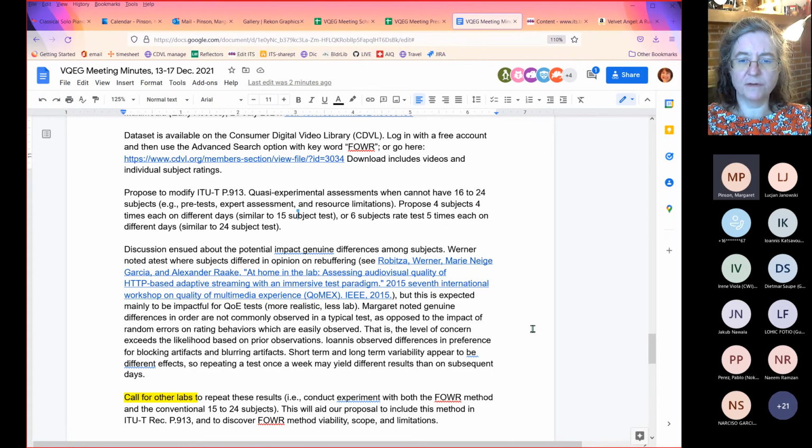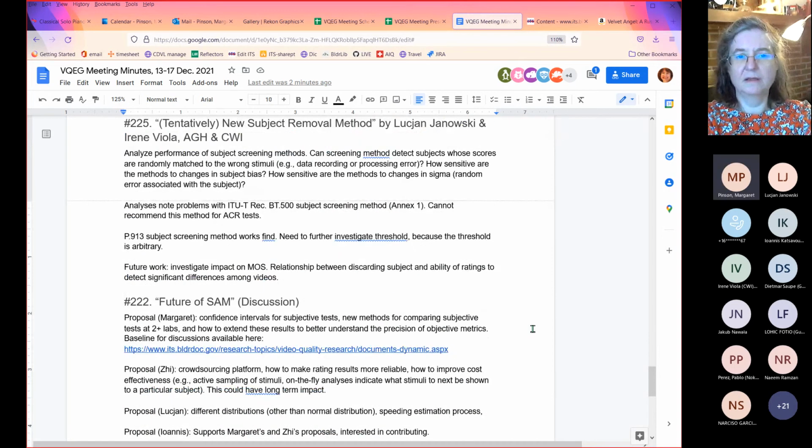And note there's a call to other labs to repeat the fuller method. Presentation 225 on the new subject removal method. Again, noting some of the results and areas for future research.